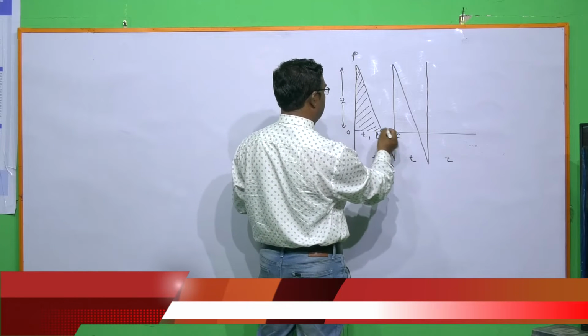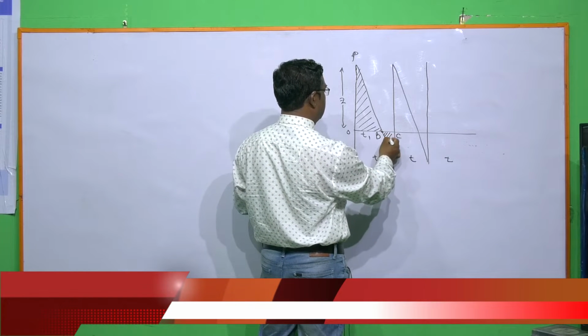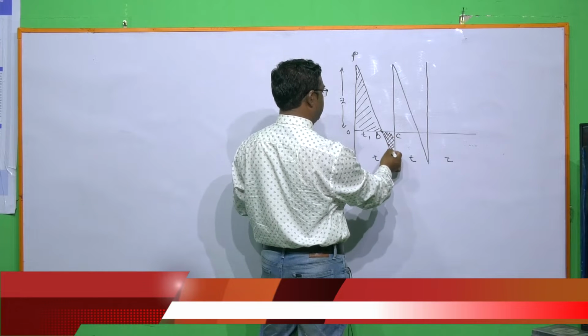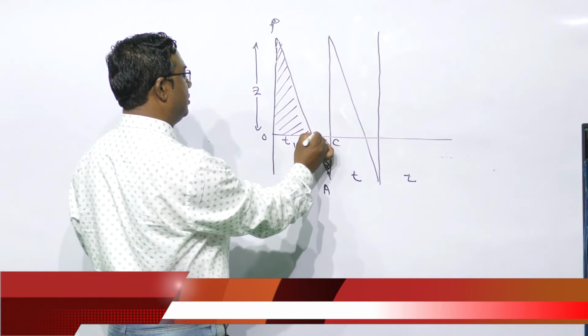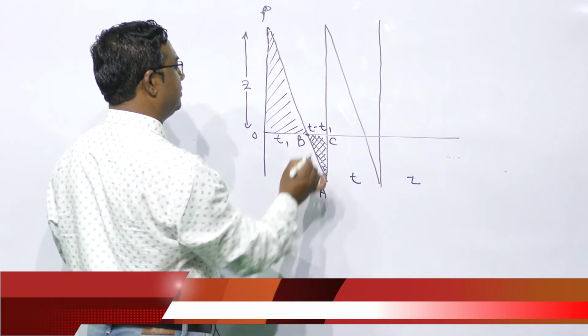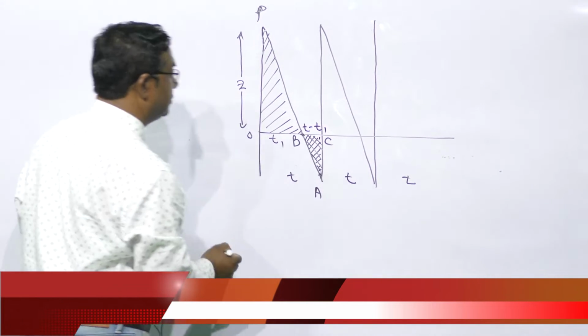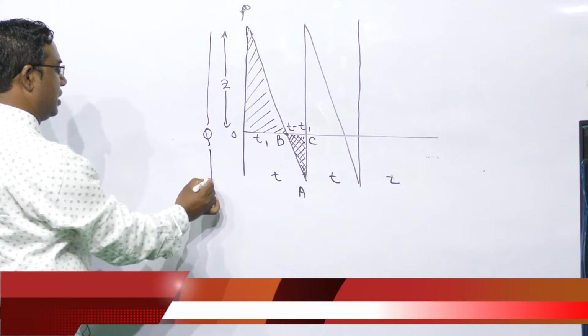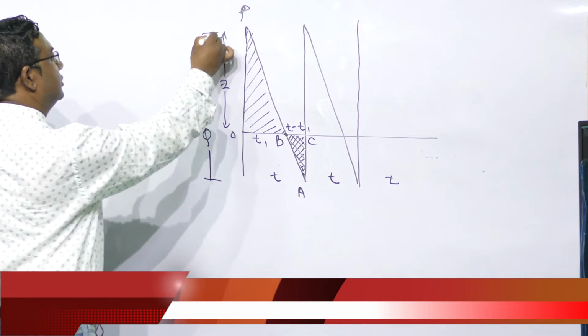So now this is where the shortages arise. This time duration is T minus T1, and Q is the total demand.